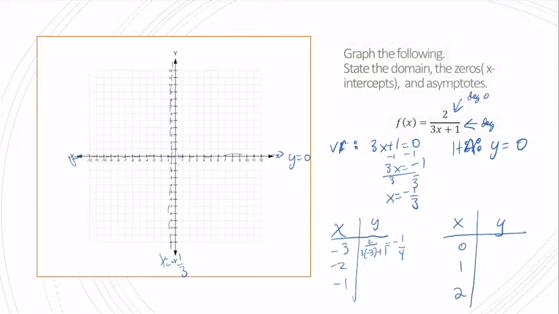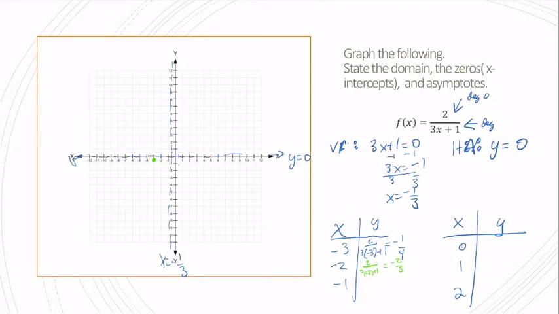It's right about there. Let's plug in negative 2. I have 2 over 3 times negative 2 plus 1. 3 times negative 2 is going to be negative 6. Negative 6 plus 1 is negative 5. So I have negative 2/5, which is a little more than 1/4. So we're going a little lower.